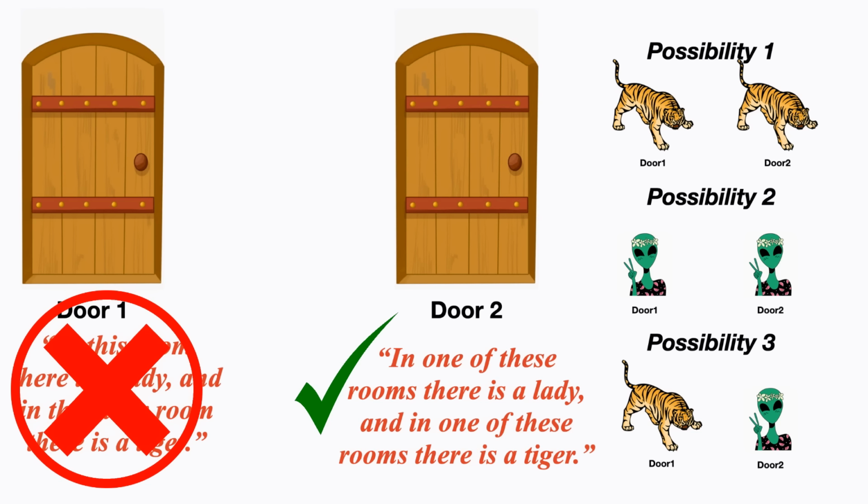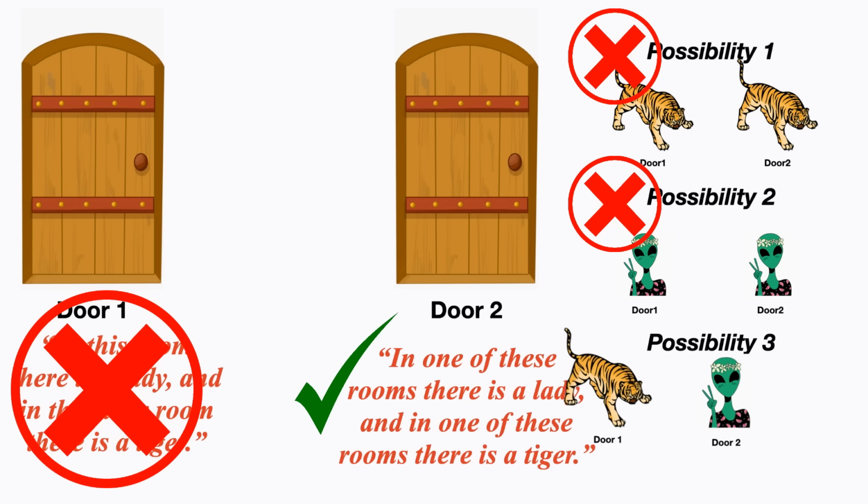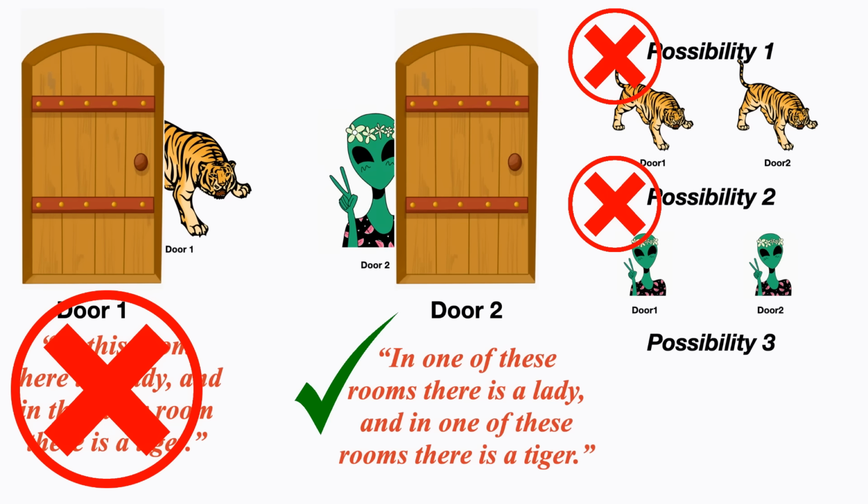Since the true second statement is suggesting there is a lady behind one door and a tiger behind the other door, the possibilities of both tigers or both ladies are eliminated. The only remaining option is door 1 tiger and door 2 lady. That's why behind door 1 is a tiger and behind door 2 is a lady. Thus the prisoner must open door 2 for survival.